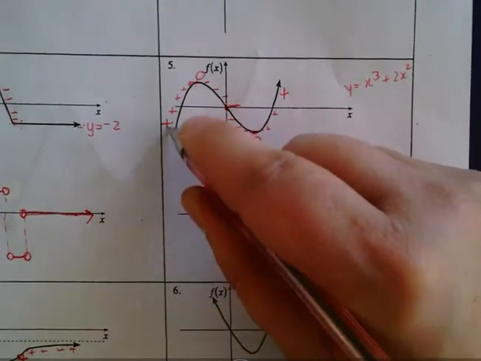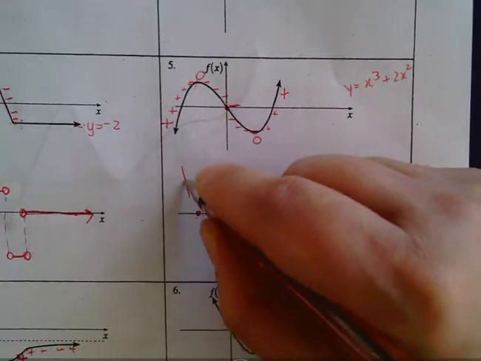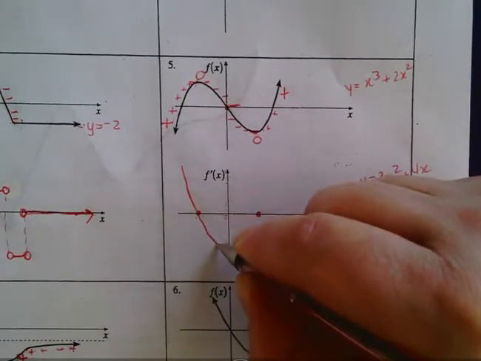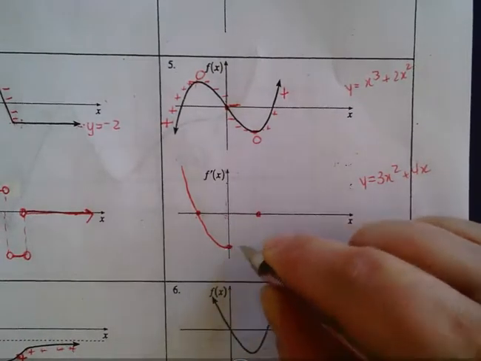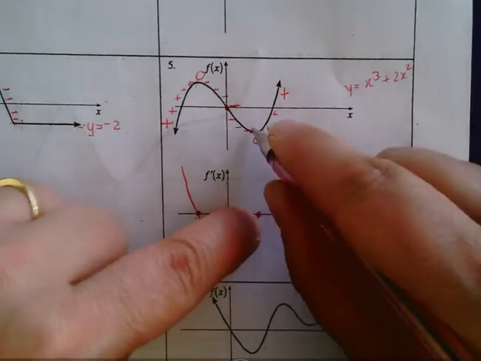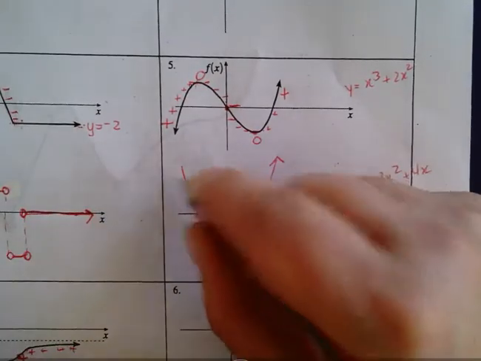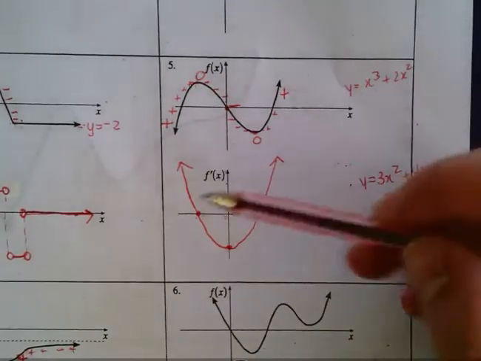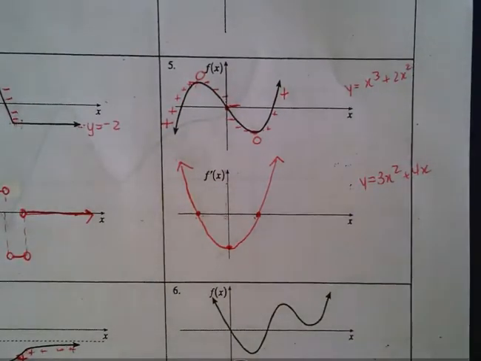So watch: big positive gradient, smaller positive values, zero gradient, the maximum negative gradient down there. Still negative, but not as big. I've got zero gradient there, and positive gradient there. What have I just drawn? A parabola. Does it make sense? That's an x cubed type. This is an x squared.